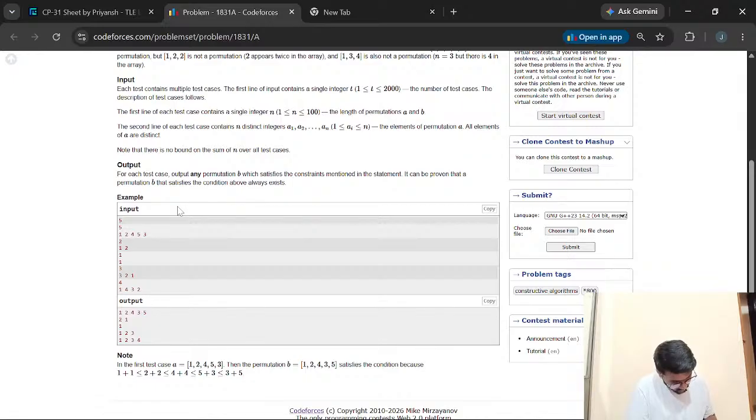Two, four, five, three. Add one, two, three, four, five. Now it is less. No, if this is not less, then I will change this. But I have to use those elements themselves present in that array.